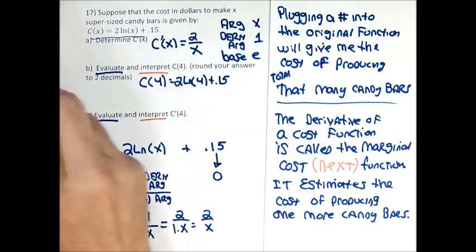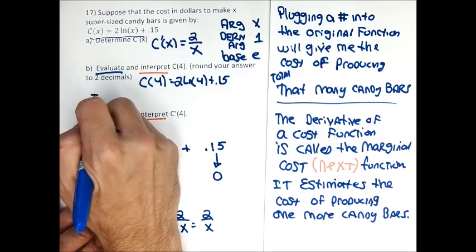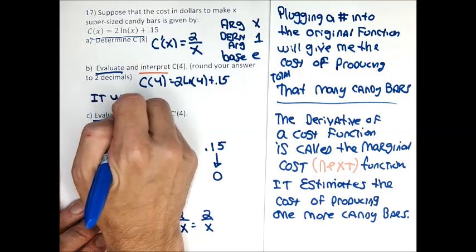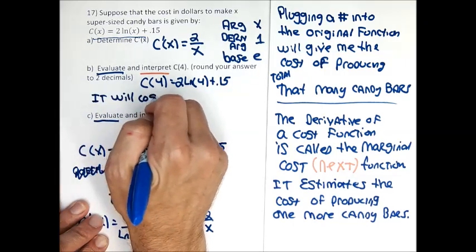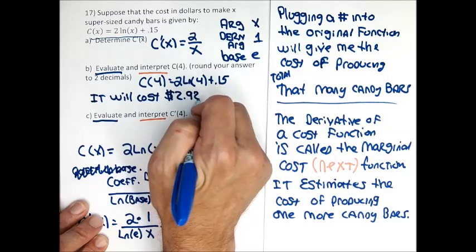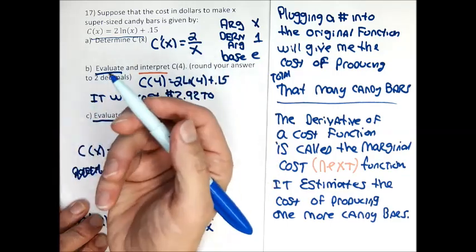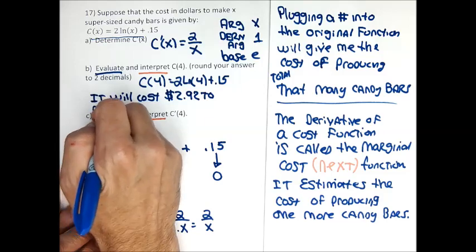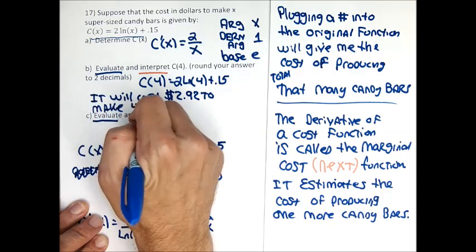So this says it will cost a total of $2.92 to make, I guess, 4 candy bars.